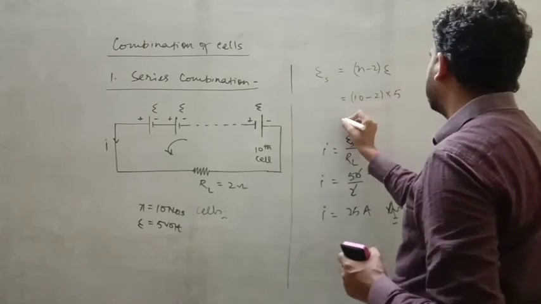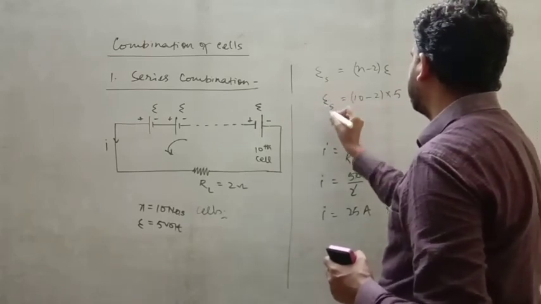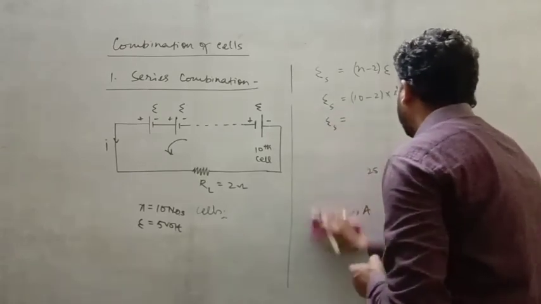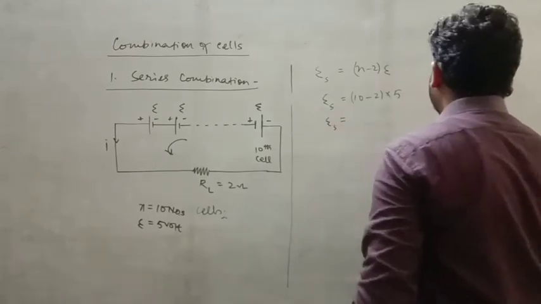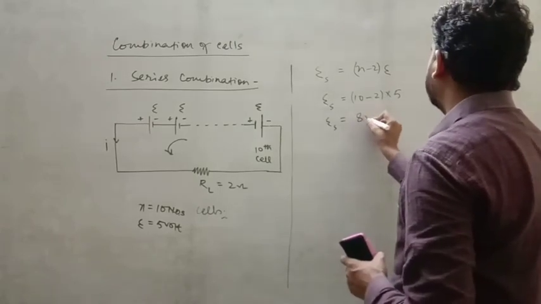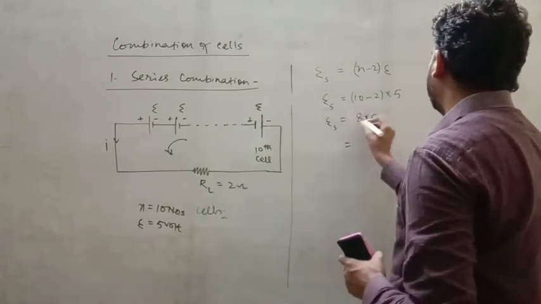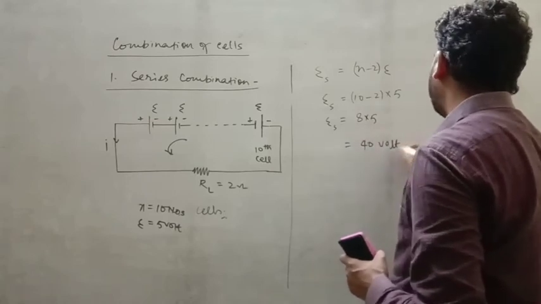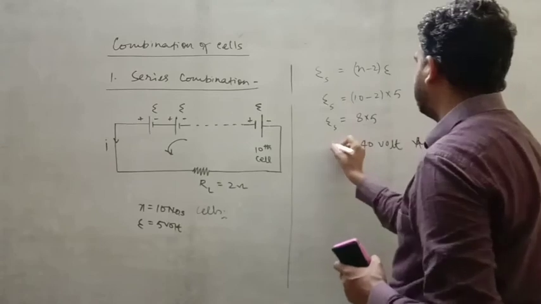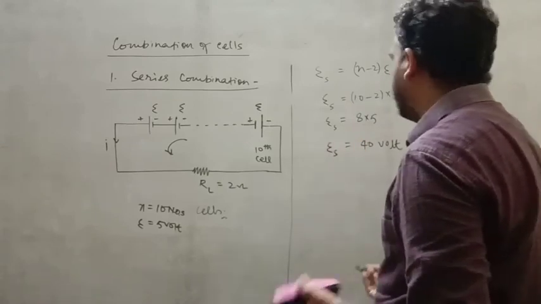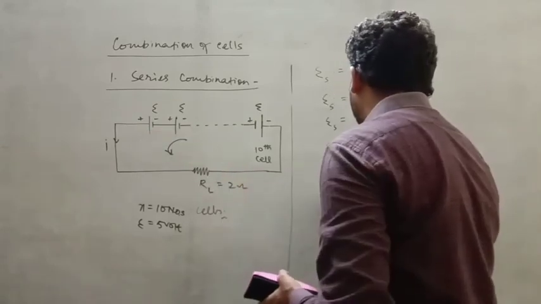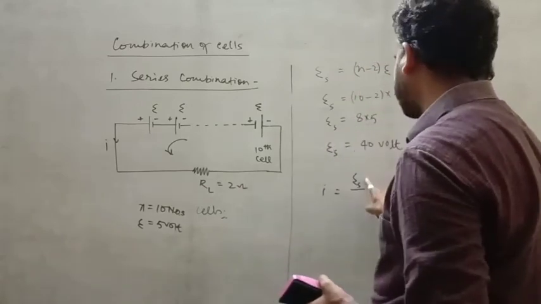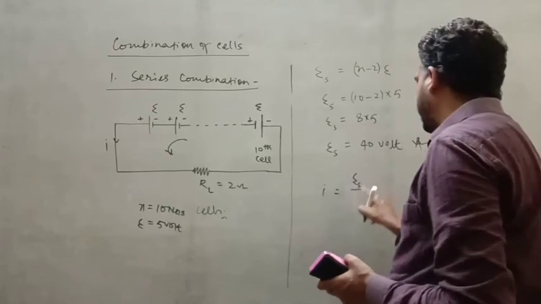So what is your result for this combination? It will be 8 times 5, that is 40 volt. And if you want to calculate the current, it is the net EMF divided by the load resistance.